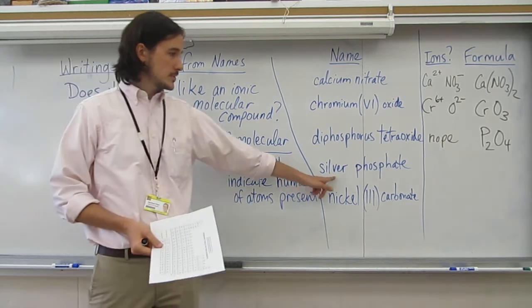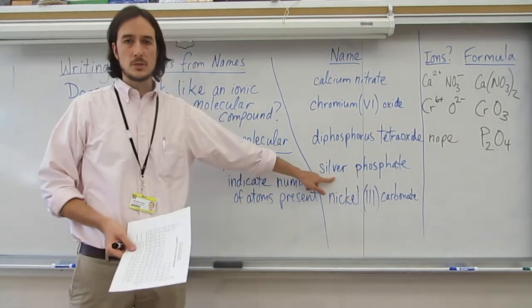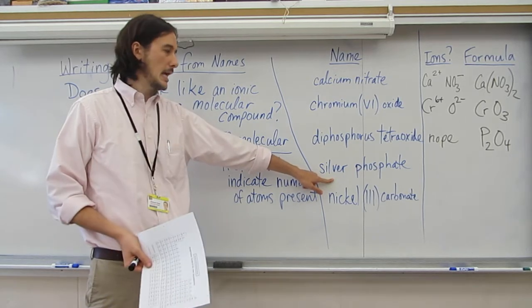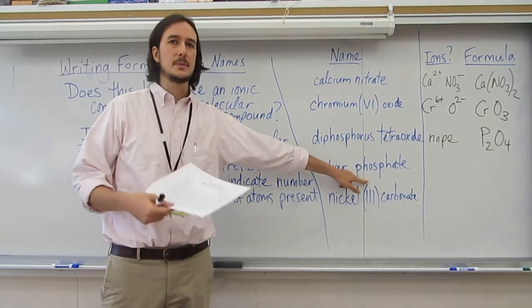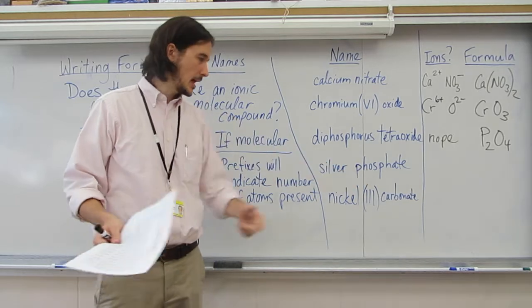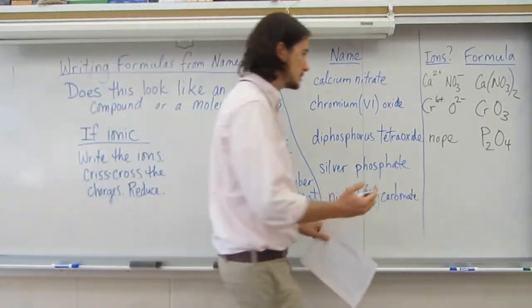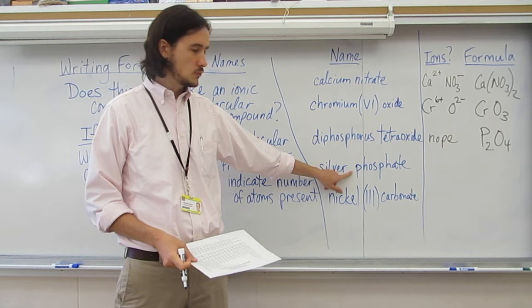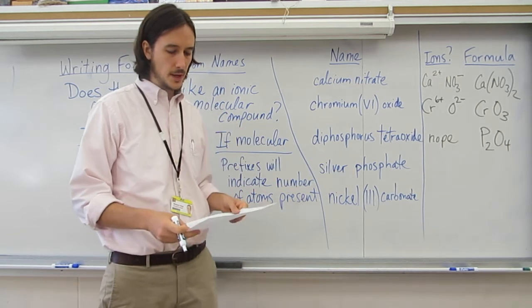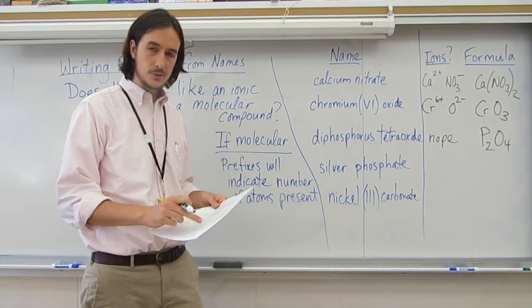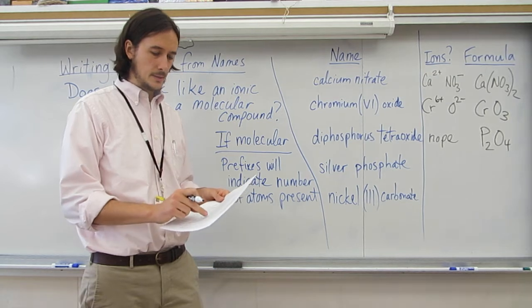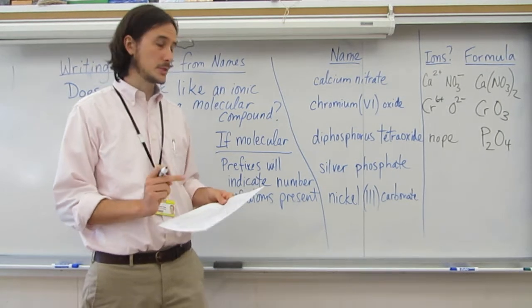Next one, silver phosphate. Silver's a metal, so this should look like an ionic compound. Phosphate is a polyatomic ion. Again, an ionic compound, so you write the ions. Silver, you notice there's no Roman numeral written for silver, so you find it on the periodic table. That's in that triangle that I talked about, and you know silver is going to be +1.